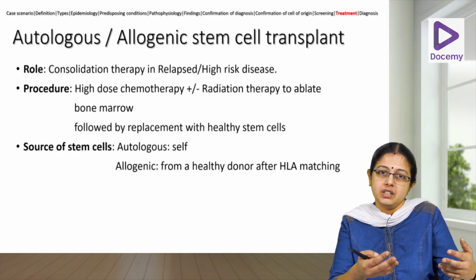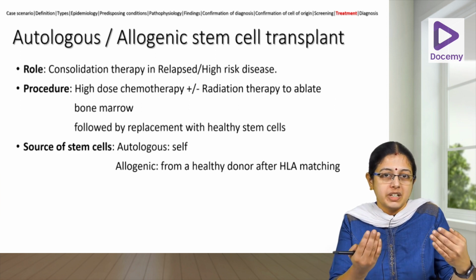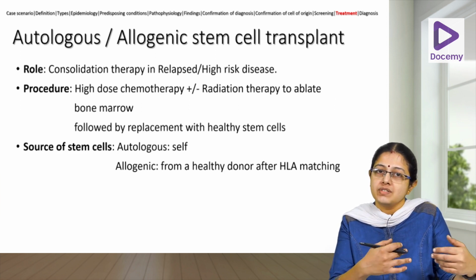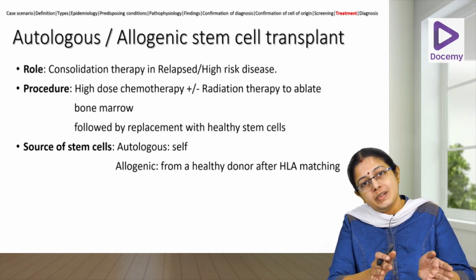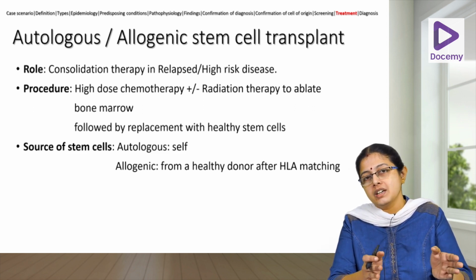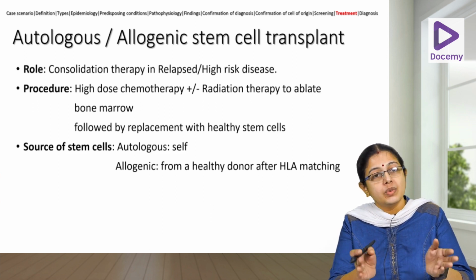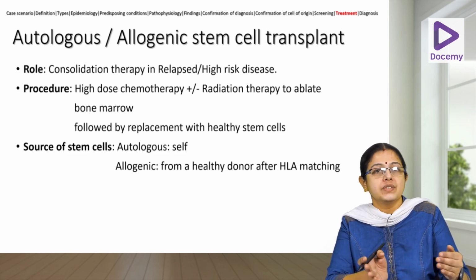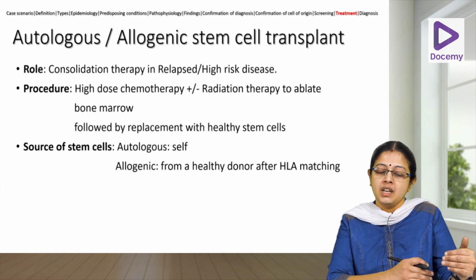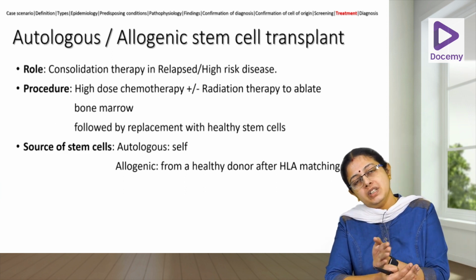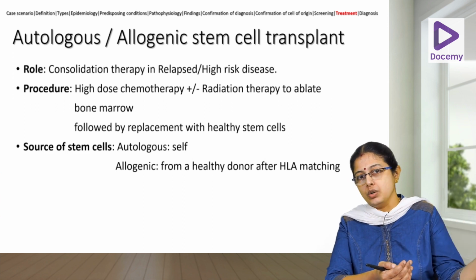The patient, or rather you call them the recipient, should receive high-dose chemotherapy with or without radiation to ablate the whole bone marrow which is there. Because once the bone marrow is ablated, they will not be able to have normal counts. They become aplastic. You replace them with healthy stem cells from a donor.